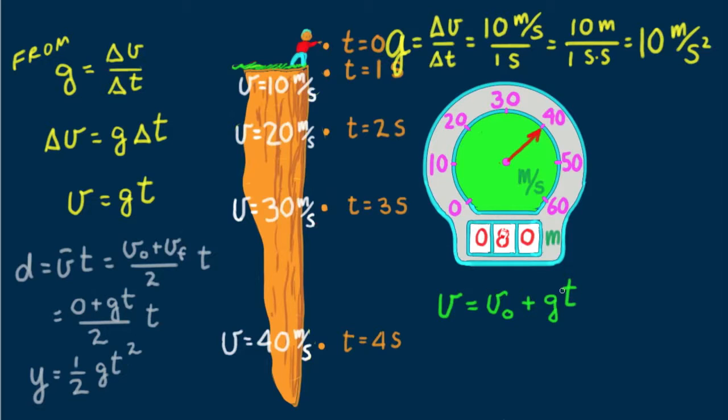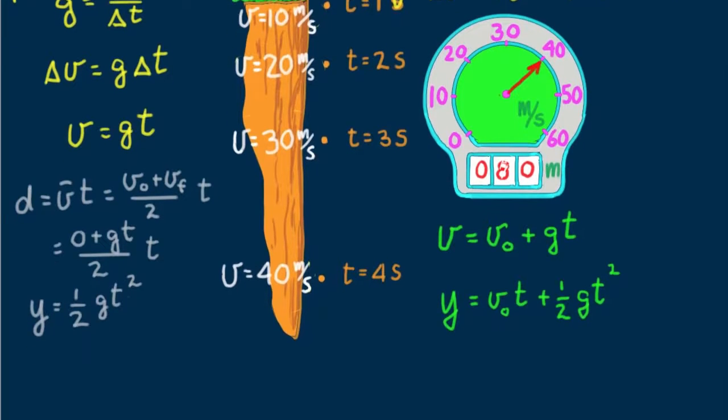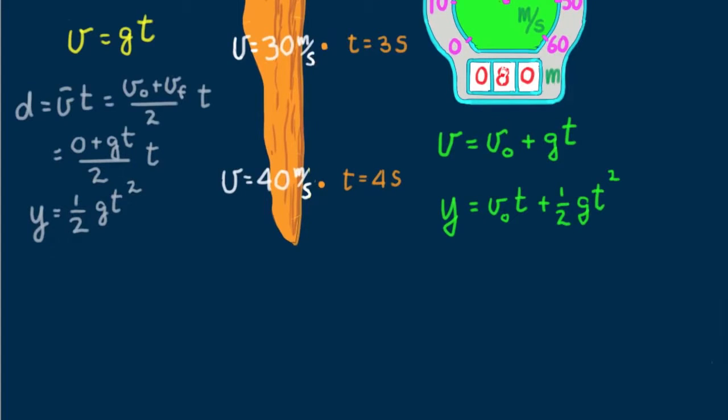That is, the speed at any point will be the initial speed plus that gained by acceleration. And instead of distance y = 1/2 gt squared, we add y = v₀t plus 1/2 gt squared. So the falling distance will be that due to an initial speed plus the distance it would fall due to acceleration.